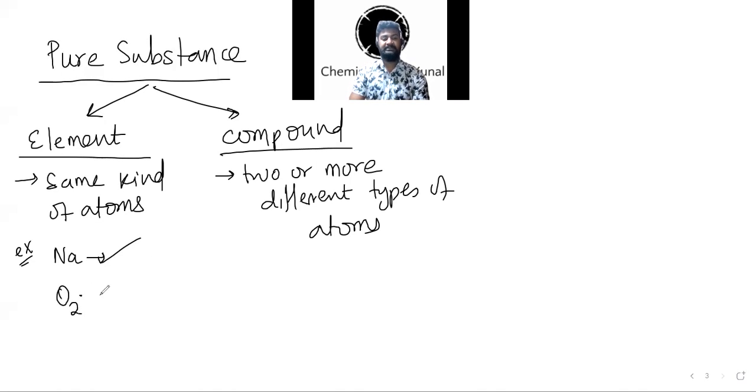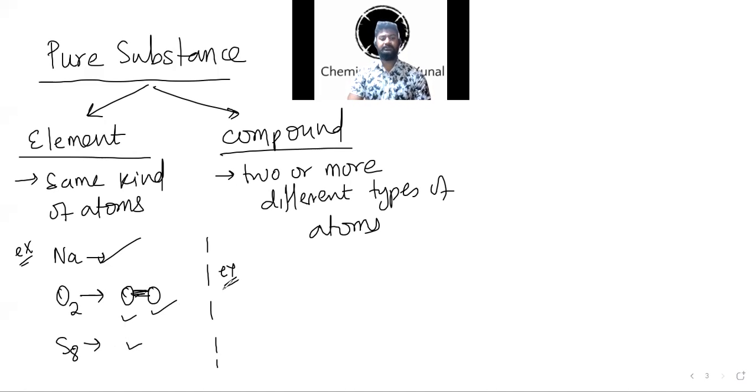Oxygen. Now you may say oxygen has 2 atoms, then how are you saying it's an element? It is an element because it's made up of the same atom, O, O. Sulfur, S8, that's also an element. It has a different name, I'll tell you what that name is, but essentially it's an element. Like for example, oxygen, chlorine, or sulfur, they all are elements.